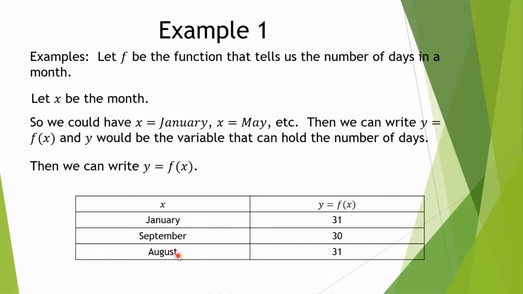If August was our input, the function would give us back 31. I didn't put it here, but if we put November in, the output would be 30, and so on. So that's one example of a function. It may not be what you expected, because you probably expected x to be numbers as well, but that's okay.